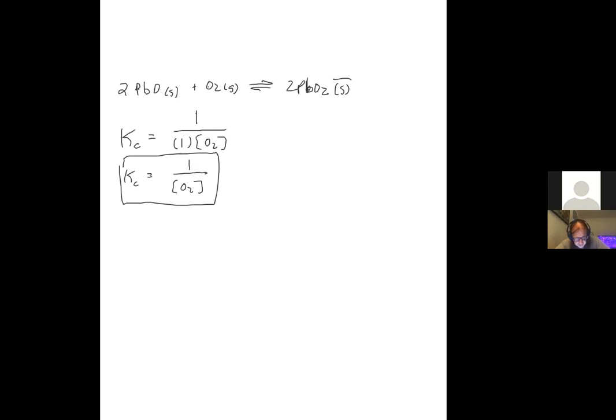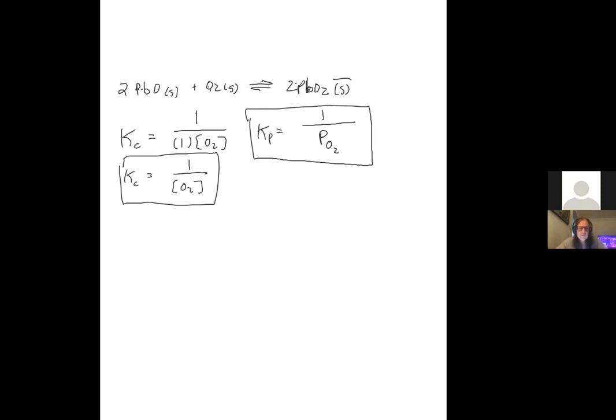Now we're going to do Kp. Again, you have a product over here that's a solid, so it's just 1 over. Again, there's a solid there, and then there's your O2, so P of O2, right? So there's your expression for Kp, okay? You don't need the 1 in the denominator, but you do need it in the numerator, okay?